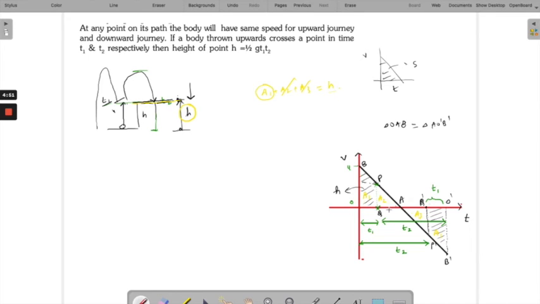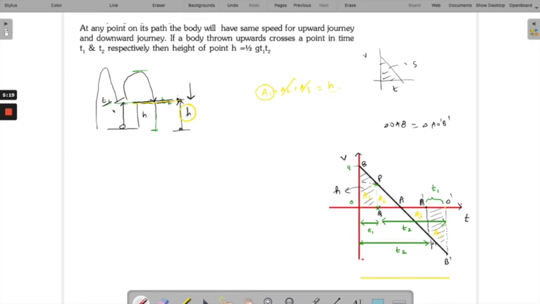So by this logic we can say that if this total time is t2, since this area is the same as this area, this value t1 should be the same as this value here, t1, which means the total time of flight, from here to here, should be equal to t1 plus t2.